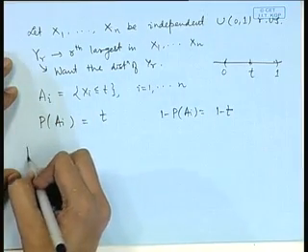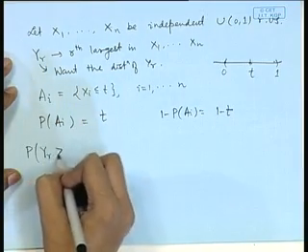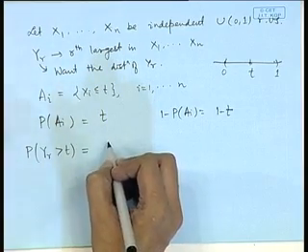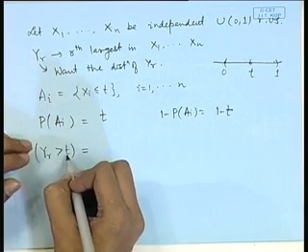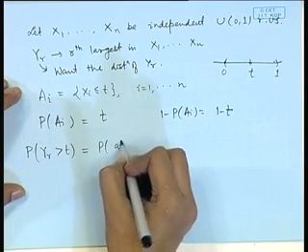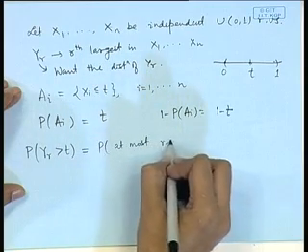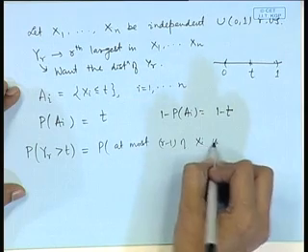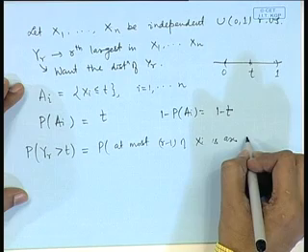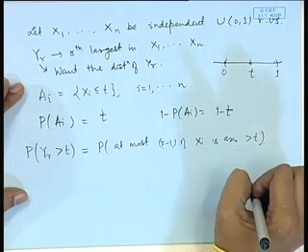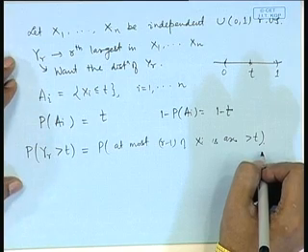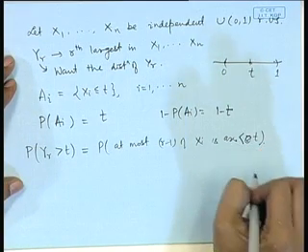So if we are looking at the probability that Yr is greater than t, it is equivalent to the event that at most r minus 1 of the xi's are less than t.